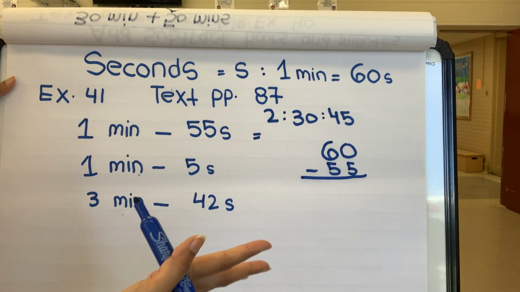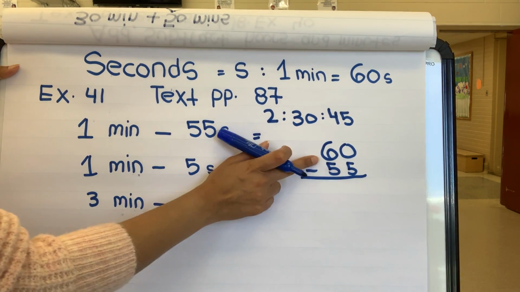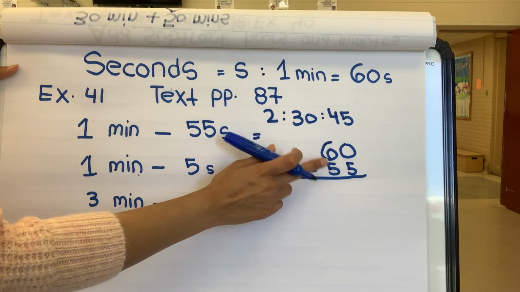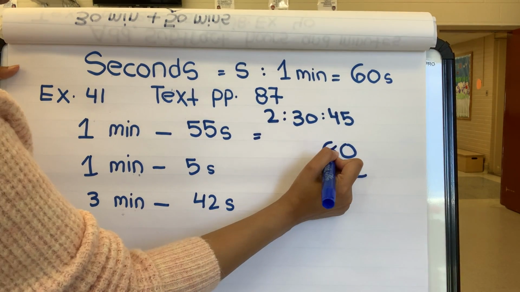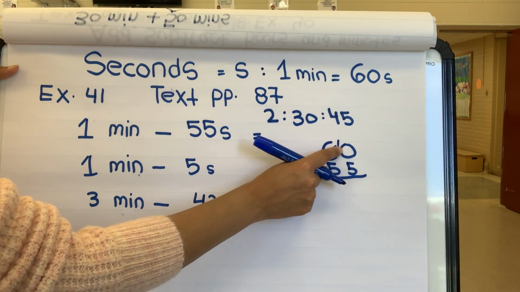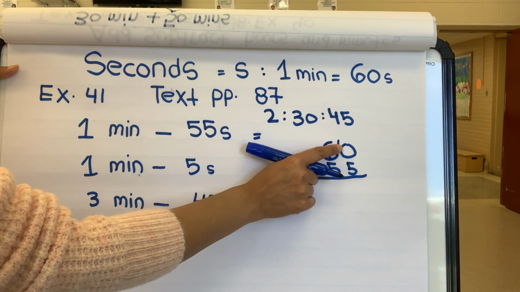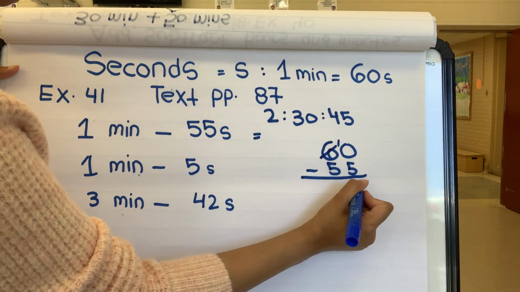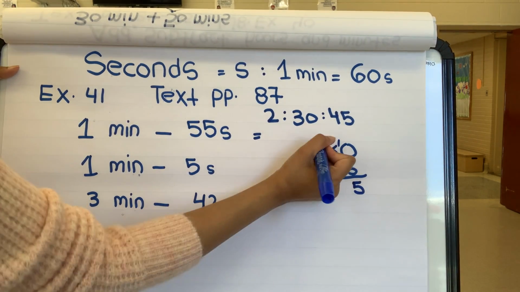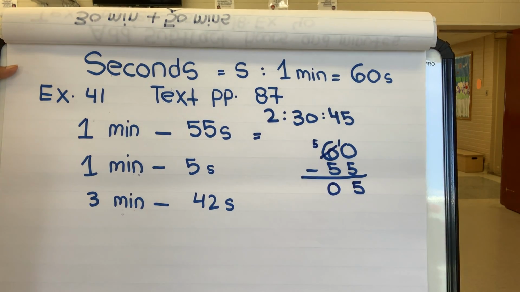However, let's say I forget how to do that, so I can quickly write my numbers down, stack my numbers, 60 and 55, and I can subtract. There's a 0 here, so obviously I cannot subtract. I need to borrow from the 6, so this becomes a 10, and then 5 take away 5, I'm left with nothing.